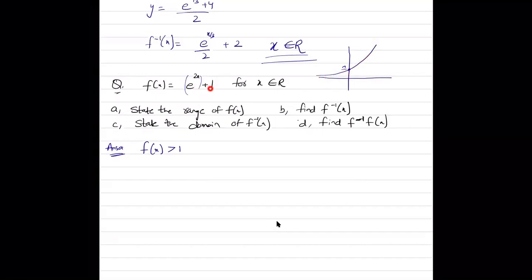But as soon as I add 1 to it, the entire graph shifts 1 unit up, and instead of passing through 1, now it's going to pass through 2, and 1 becomes your asymptote. That's why the entire graph lies above 1. So range is going to be f of x greater than 1. Make sense? Yeah.